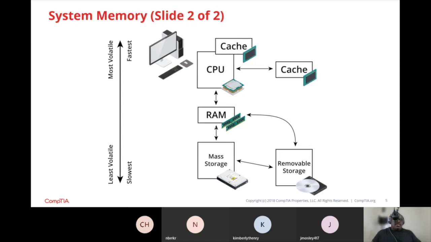That's not always the case today. Why has mass storage caught up with regular RAM? Solid state drives. Solid state drives are now made out of the same thing that they were making RAM out of.